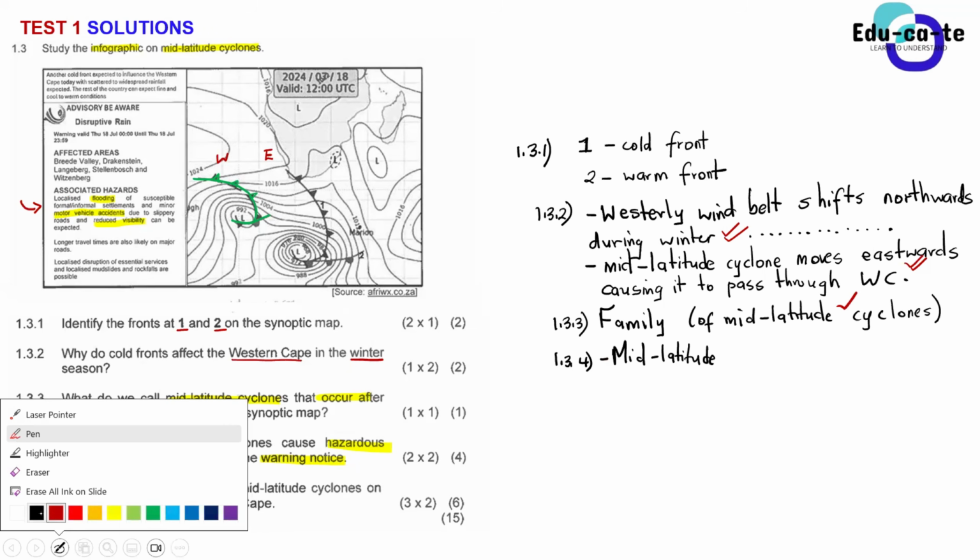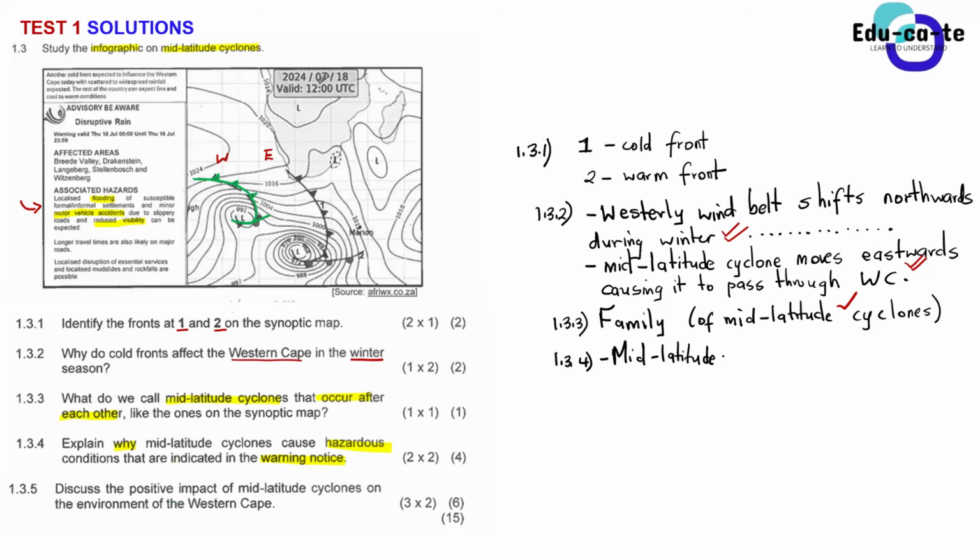Mukobe explained that a mid-latitude cyclone is associated with cumulonimbus clouds. And these cumulonimbus clouds, they do what? They are responsible for torrential rainfall.